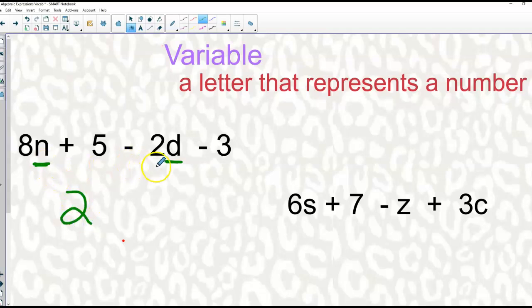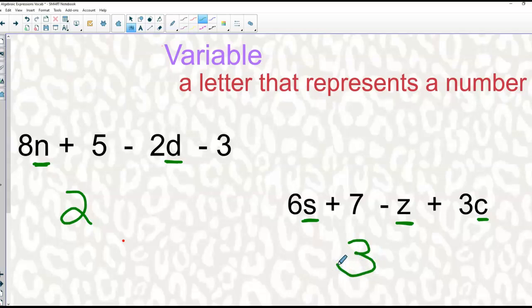Or if you were asked to underline them or mark it somehow, we should be able to do that also. When we go to this one, 6s plus 7 minus z plus 3c, we should be able to say that, well, we have a variable of s, we have a z, and we also have a c. So this one has 3 variables to it.